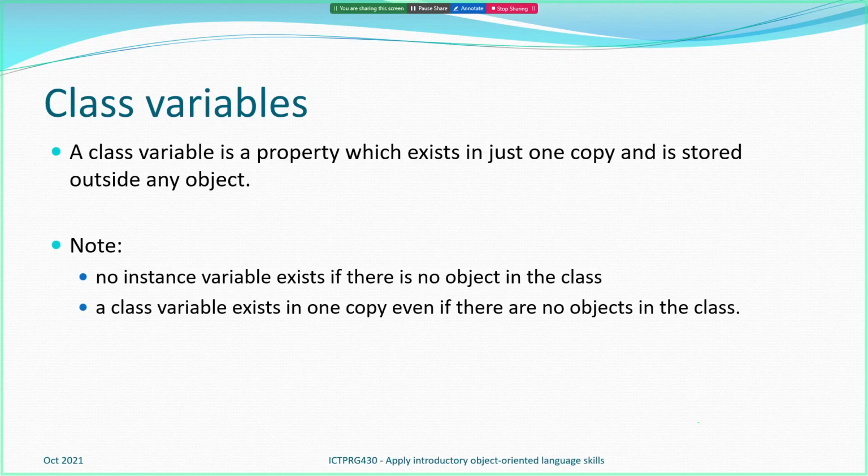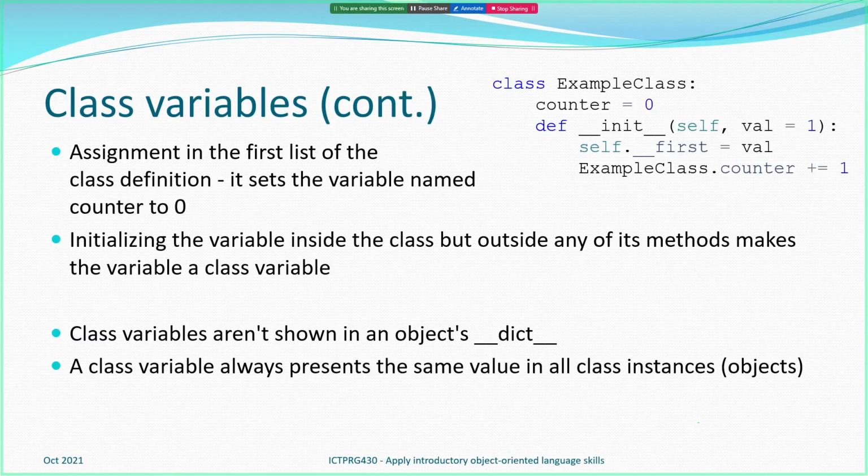So it's unique. And here's an example of what I'm talking about. So here we have the class, example class, and we have variable called counter, and it's set to 0. This is a class variable.